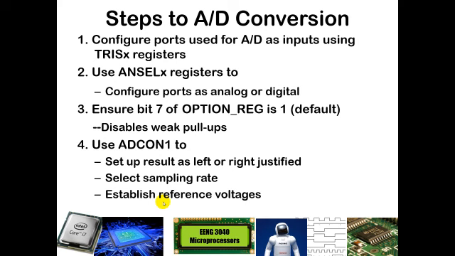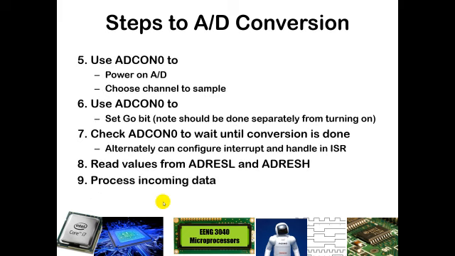This just disables some weak pull-ups which may cause false analog signals on some of your pins. Then we want to set up in ADCON1 whether or not we want our results to be left or right justified. We want to select a sampling rate, and then we want to establish the reference voltages, which throughout the rest of this course will be plus 5 volts and ground.